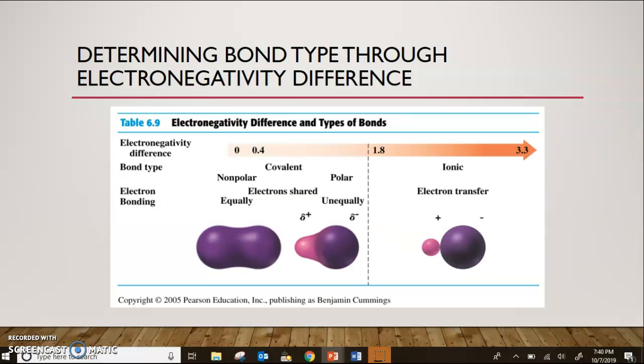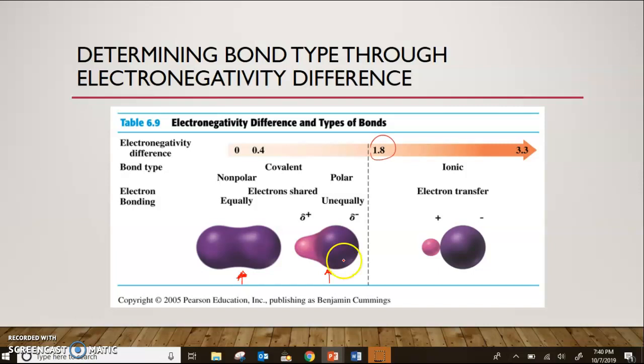Before we hit this example, I want you to see this. This is what I was saying, that this is kind of a rule of thumb. This is what your electron cloud would look like if it's nonpolar covalent. And then this is what it would look like if it's polar covalent. So we sort of define these barriers at 1.8 that it becomes ionic. But in actuality, it's kind of a range.